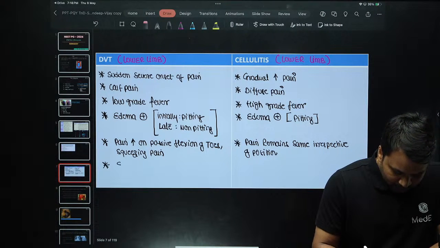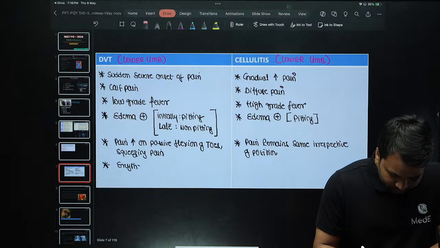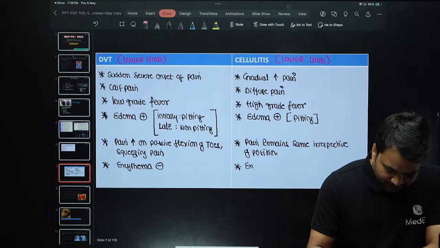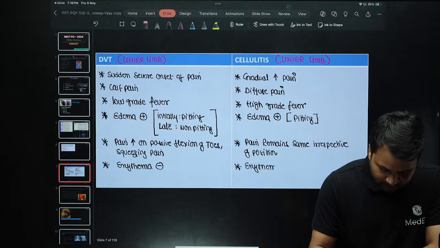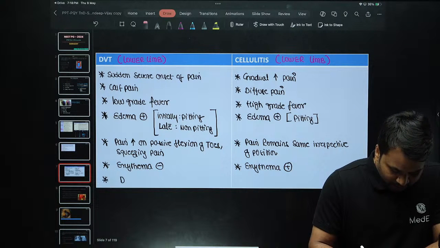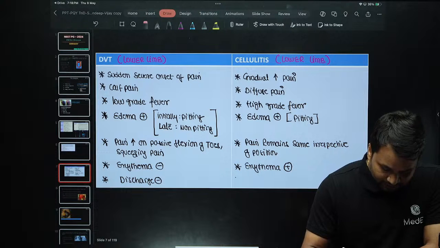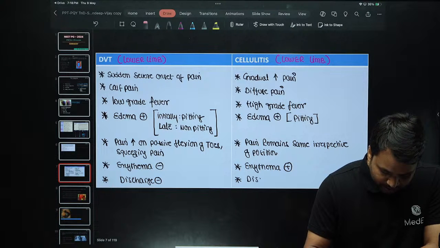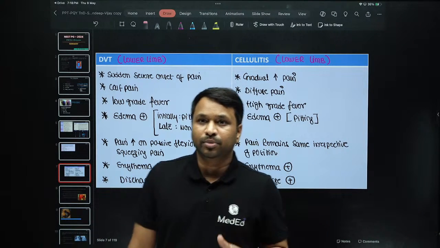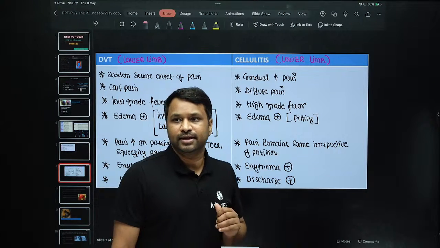There will be no erythema. Erythema is usually absent in DVT. You will see presence of erythema in cellulitis. Usually DVT skin won't have any discharge, but cellulitis can have an infective focus which can present with discharge. So these are the helpful differences between the DVT and the cellulitis.